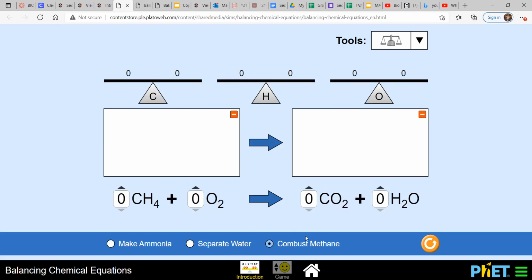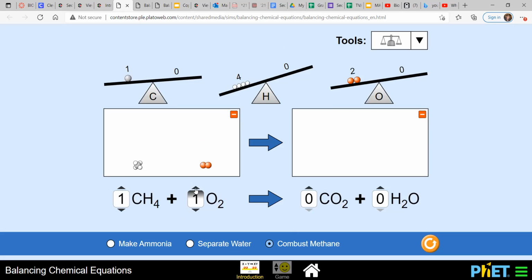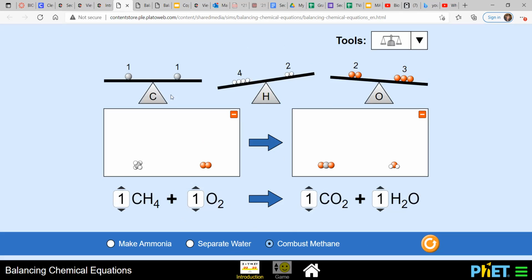And our last process here before we move on to the game, we have methane, oxygen, CO2, and H2O. Okay, so we are balanced here, carbon, but not balanced for hydrogen or oxygen.